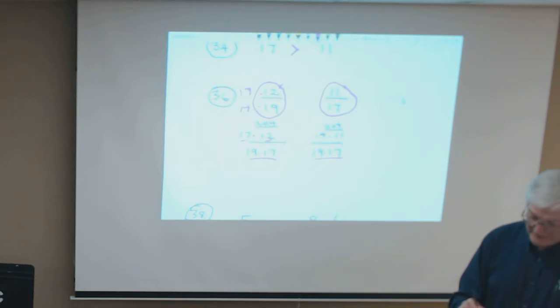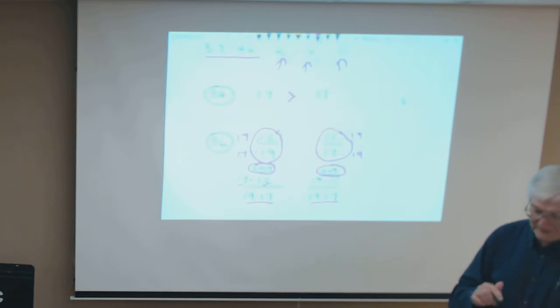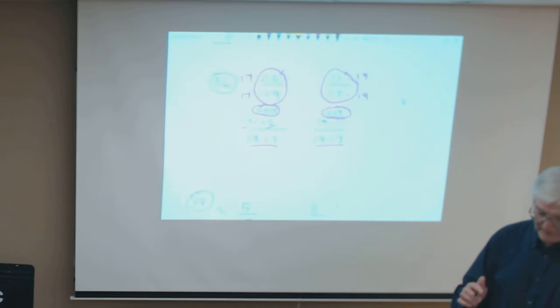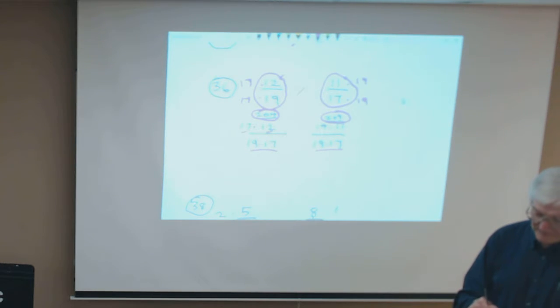And then over here I have to take times 19 times 19. And what do I end up with? 204 here and 209 here. So what goes in between? Less than, greater than, or equal to? Less than. Everybody follow that?